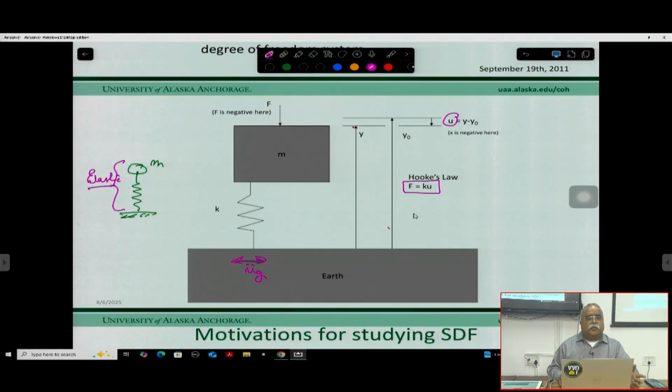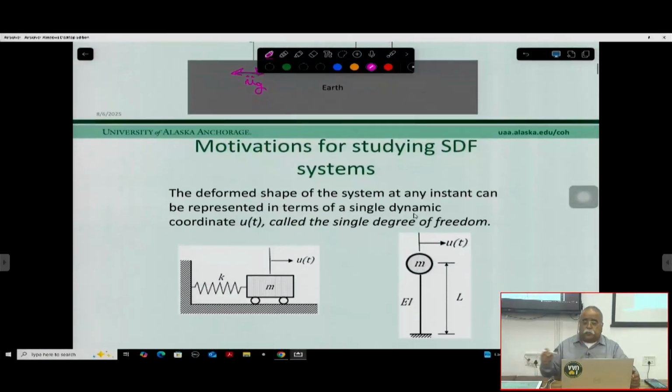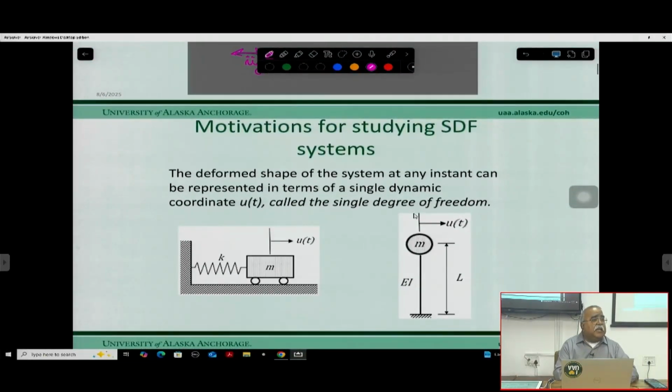Spring force equals k times x, so this is k times u. That's the Hooke's law formula, right? If you see it in a cartoon, this is your mass, just like your cart, and this is your spring, and a force acts on it and makes it oscillate.